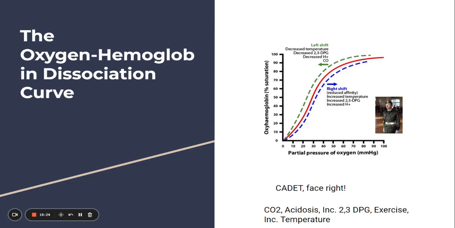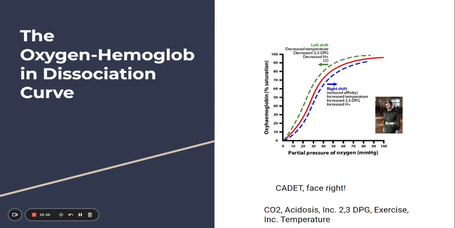What happens on the right here, when we have a right shift, again in blue, is there's a reduced affinity of oxygen to bind to the hemoglobin. A simple analogy to remember is a right shift is a loose curve. There's a reduced affinity, so it'll offload oxygen more easily. It's easy to understand when we look at exercise as an example.